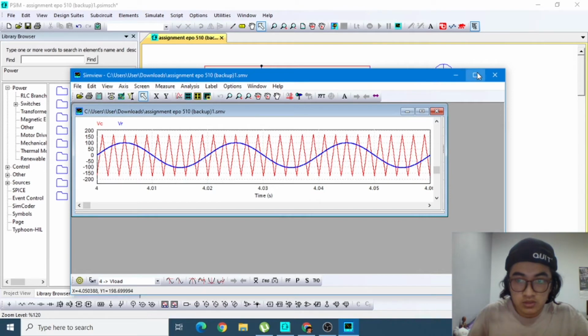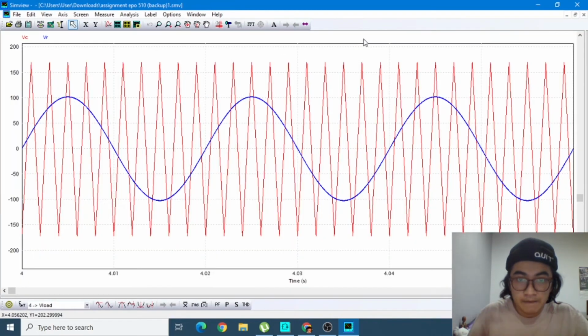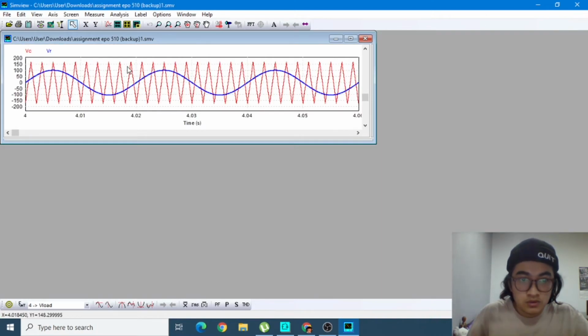As you can see here, the blue one is VR, the modulating signal, and the red one is the carrier signal.